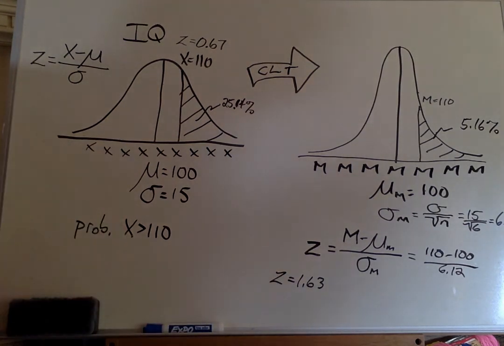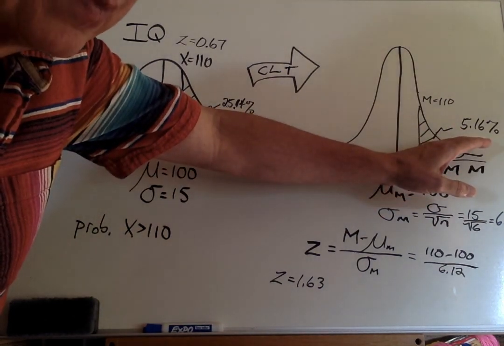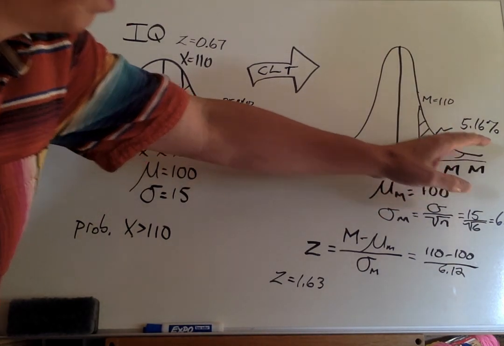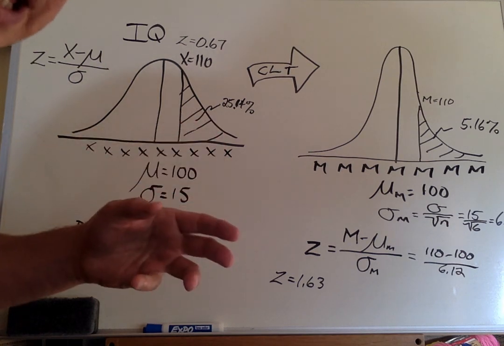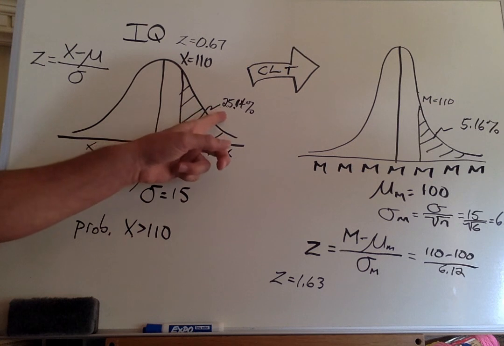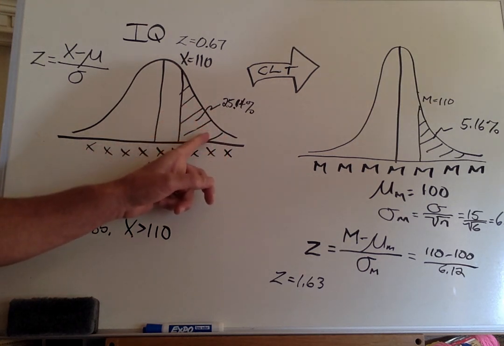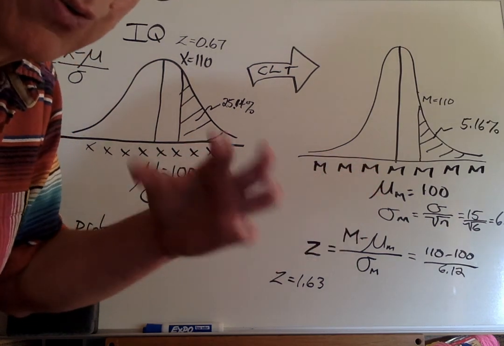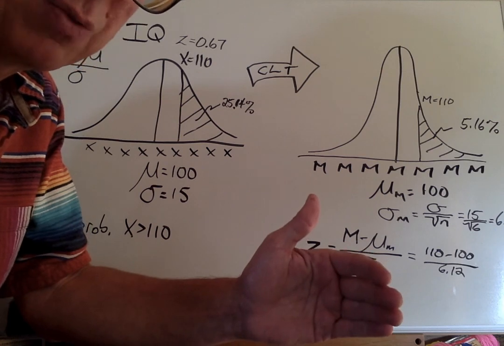5.16%. It's far less probable to get 6 people taken at random with an IQ above 110 compared to a single individual with an IQ above 110. Once again, this is like the little LeBron James example. It's not that rare to find a person with a high IQ above 110. If I'm looking at a random sample of people, their average has to be above 110.